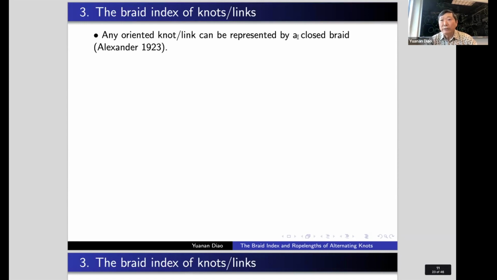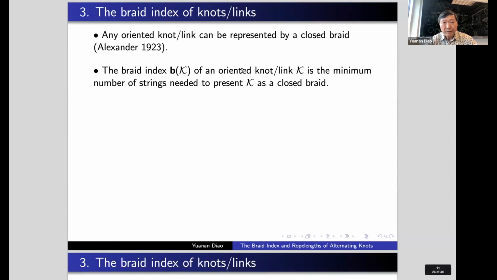It is an old result that every oriented link can be represented by a closed braid. Because of that, we can define the braid index as the minimum number of strands needed to present your link as a closed braid. That's how we define the braid index.